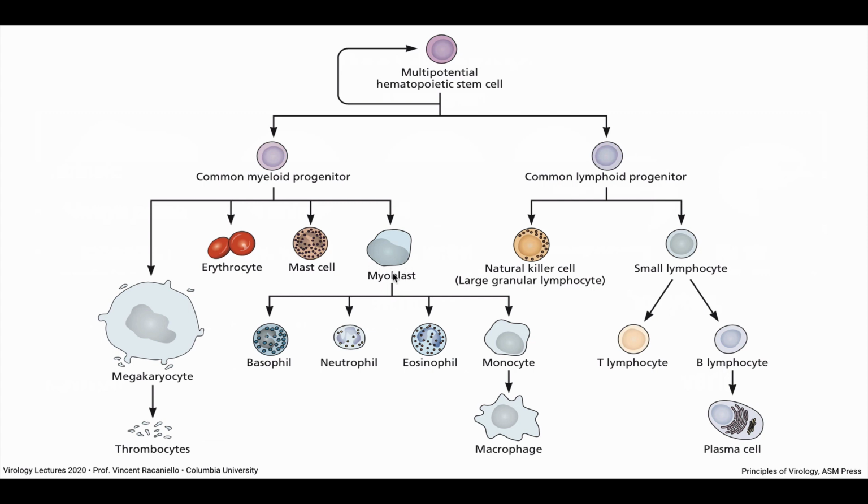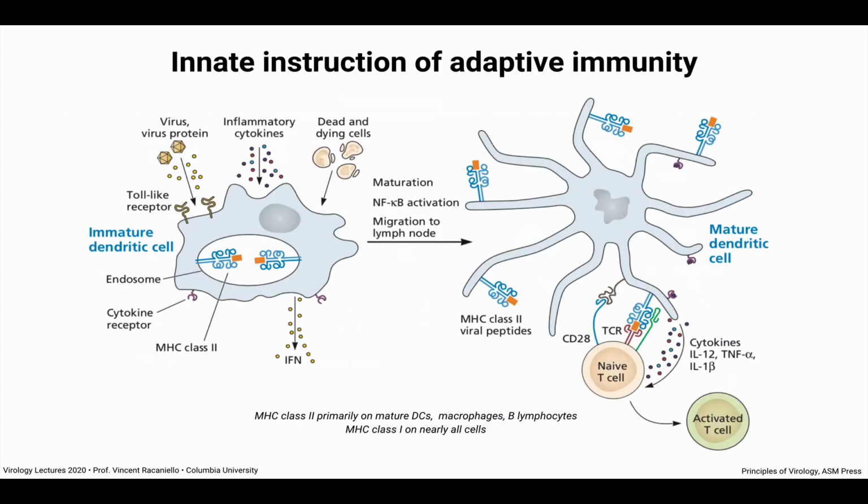This should be myeloblast, and that in turn gives rise to basophils, neutrophils, eosinophils, and monocytes. The other branch is called the common lymphoid progenitor. This differentiates into natural killer cells, T lymphocytes, and B lymphocytes. And some of these are the players that we'll be talking about today, of course.